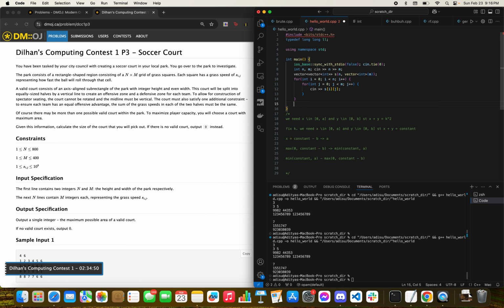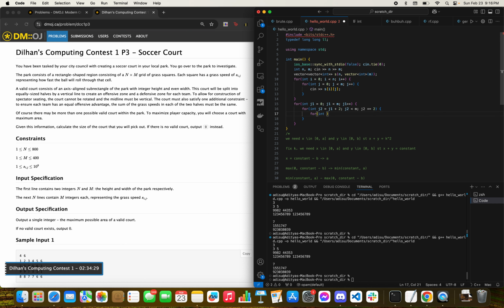I have to case on a range, right? So for int j1 equals 0, j1 is less than m, j1 plus plus, for int j2 equals j1 plus 2, j2 is less than m, j2 plus equals 2.